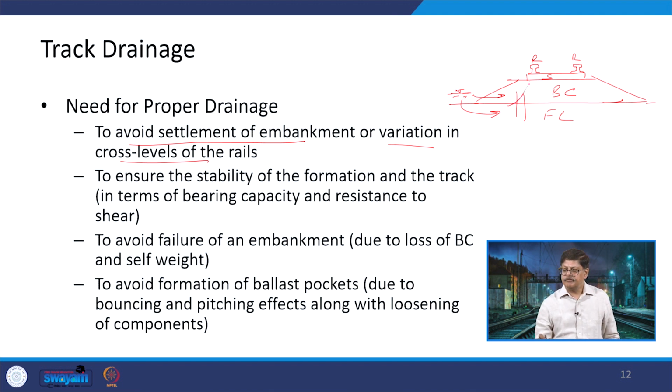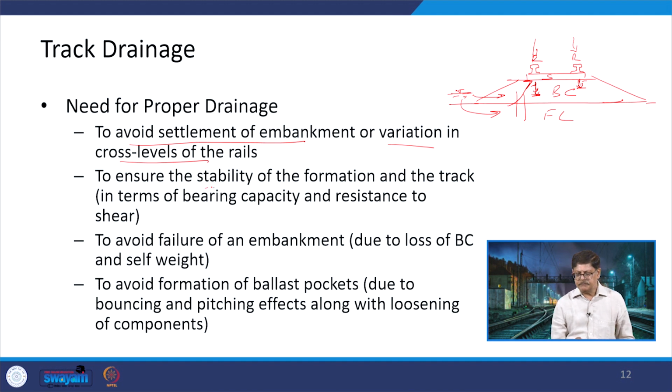And if this gets reflected towards the top and if the loads are coming on these rails, then there is a possibility that any side of this rail or the whole of the track may come down. And if it comes down and if there is a difference in the level by which it comes down, then that means there is a problem with respect to the cross levels. And now, if the train moves at the top of it, there is always a possibility of a derailment.